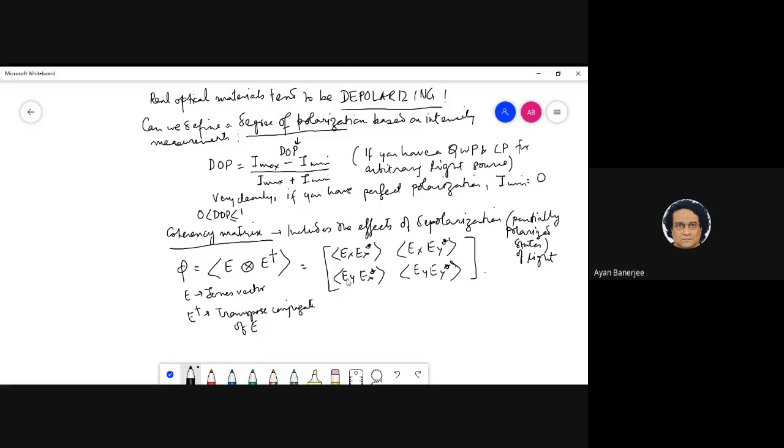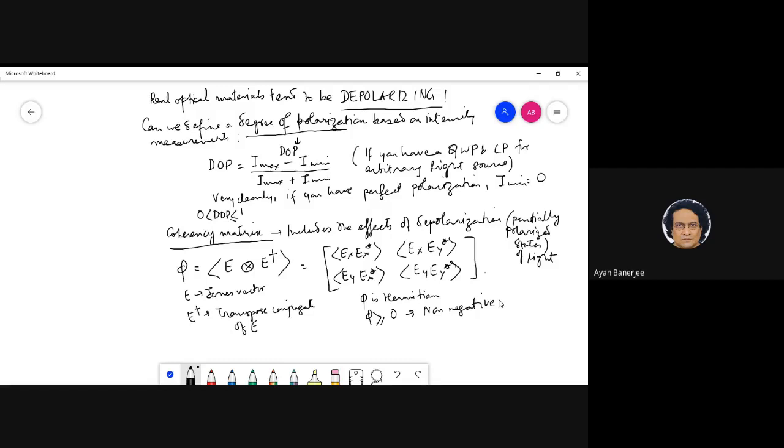Okay, and because it is intensity based, you directly get some kind of properties of this. And what are the properties? Phi is Hermitian, and two, very crucial, it is non-negative, because this deals with time average of intensities, it cannot be negative.